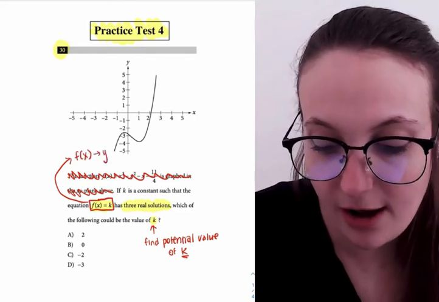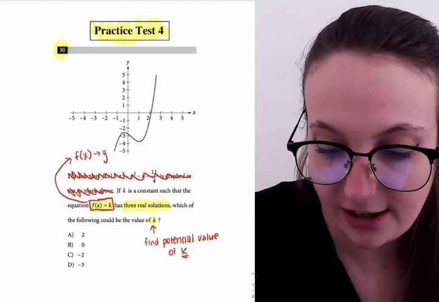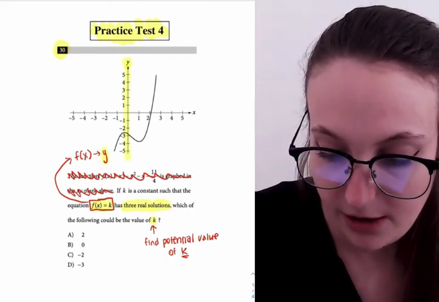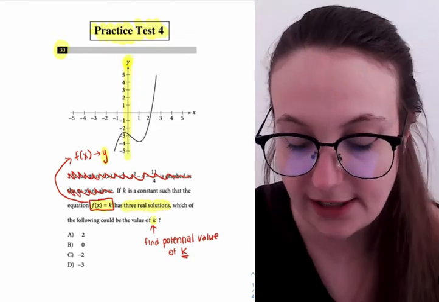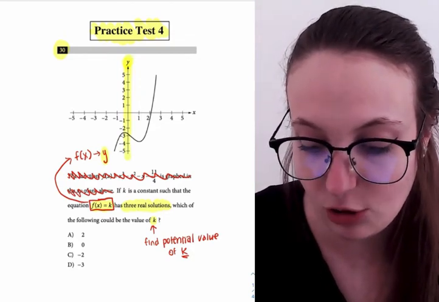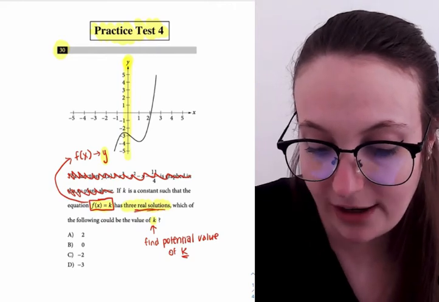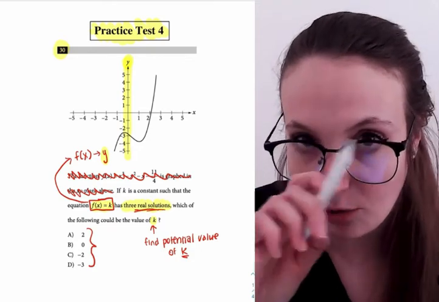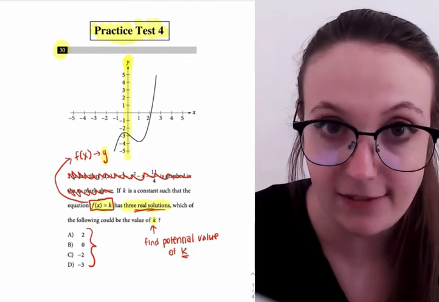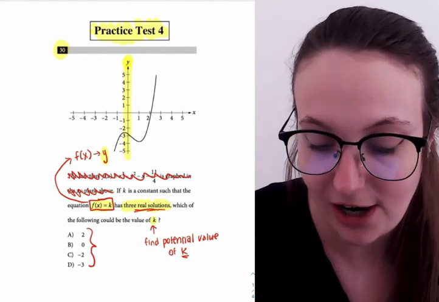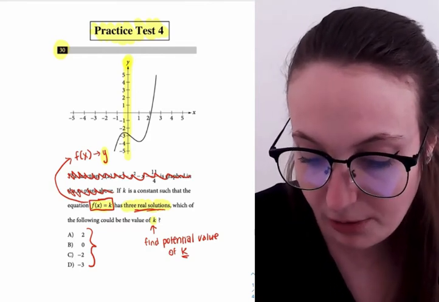So when we're talking about f of x, we can just think of that in terms of y and this whole axis right here. So when we know that we're trying to find where f of x equals k, and we know that that has 3 real solutions, we want to test out each of these potential answer choices and actually draw a line across at that y value, meaning that f of x value, to see how many solutions emerge at that point. So let's start with positive 2.